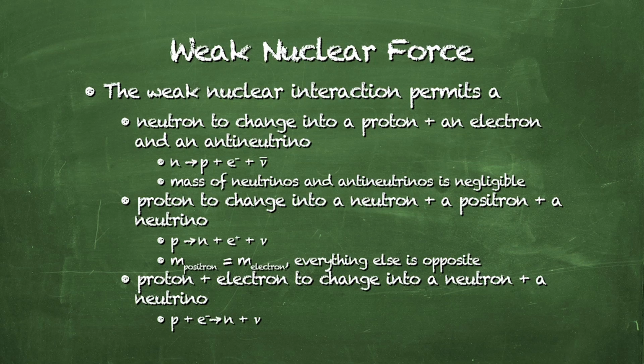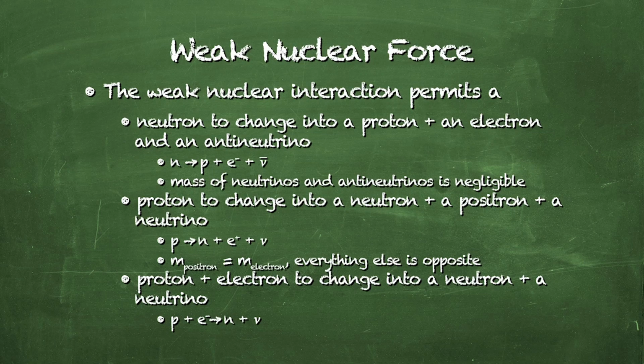The neutron has 0 charge, the proton has a charge of +1, the electron has a charge of -1, and the neutrino is neutral. So in the first reaction, we had a neutron with a charge of 0 becoming a proton with a charge of 1, an electron with a charge of -1, and a neutrino with a charge of 0.